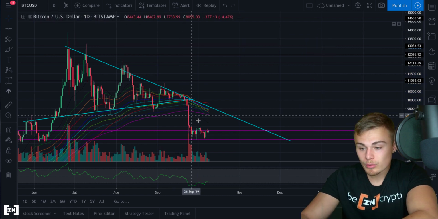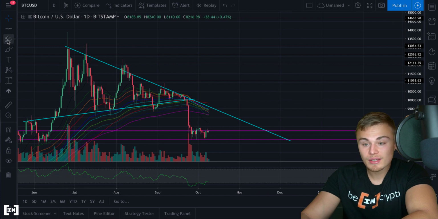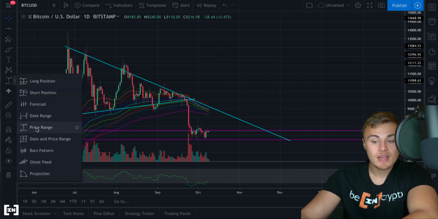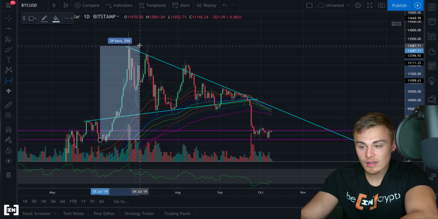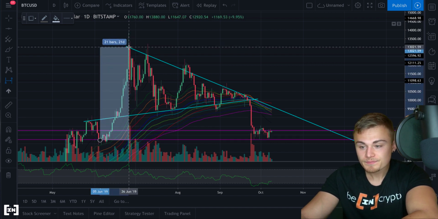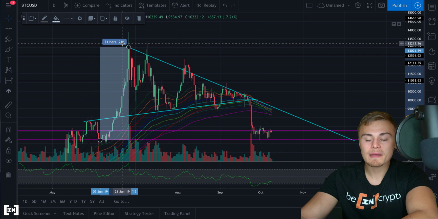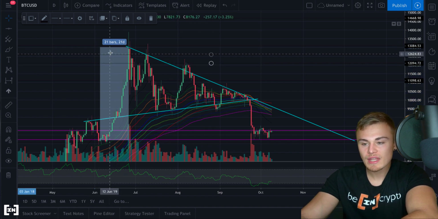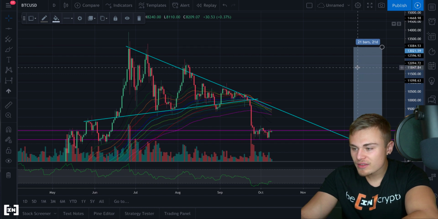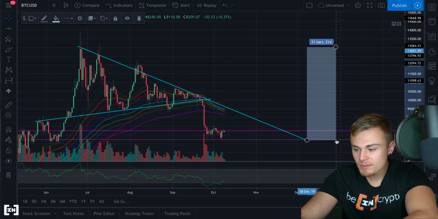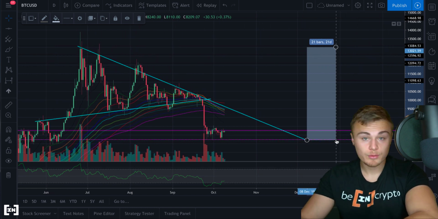Now, obviously, this won't happen as quickly as it did, so we have to take something called the date range and then scale out how long this jump took. This was about a 21-day move, a sideways move. If we then take this and send this outwards, you can see that ultimately this does lead us to potentially the end of 2019.